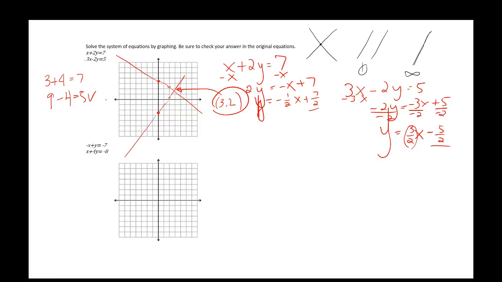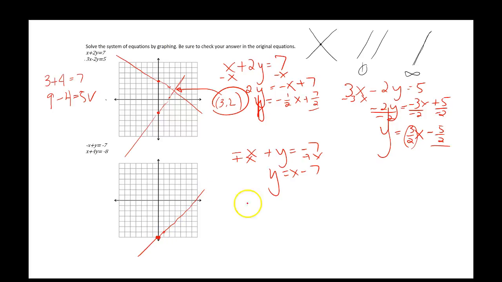Let's do the same thing here. I want to put it into the y equals mx plus b format. So here I'll add x to both sides. y equals x minus 7. So 1, 2, 3, 4, 5, 6, 7, and my slope is 1, up 1 over 1, right? So basically it does that.